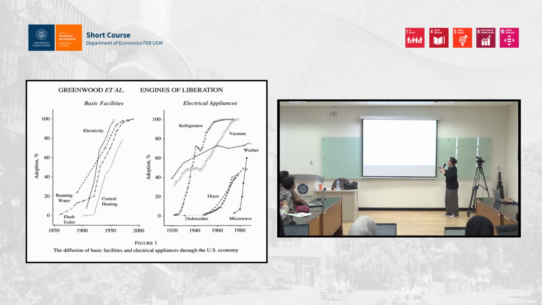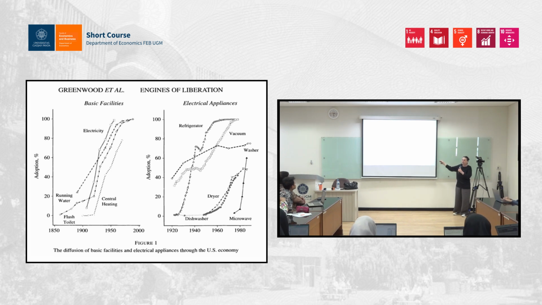Then if we get to various consumer goods which can be helpful for doing cooking and household work, you see the dishwasher. This is the refrigerator. 100% of households by 1980 had a refrigerator. A microwave is still only 60%.